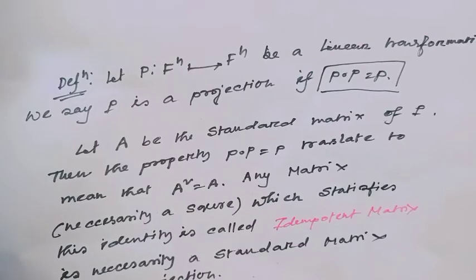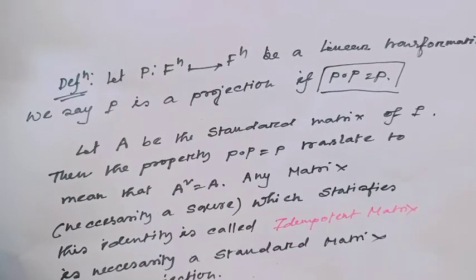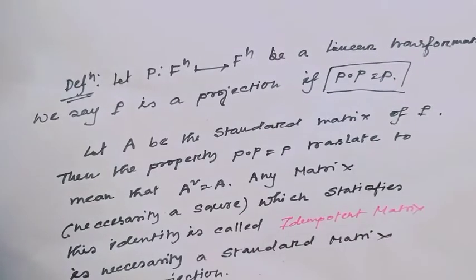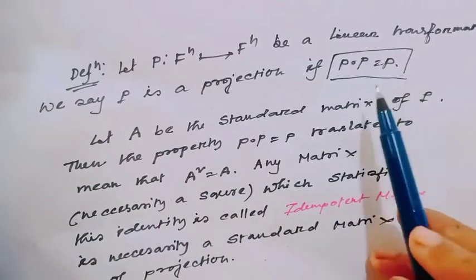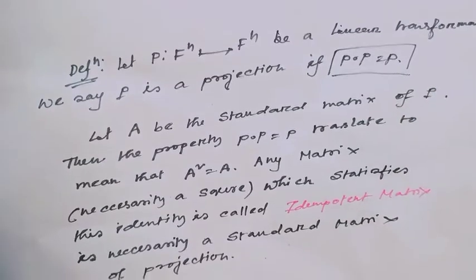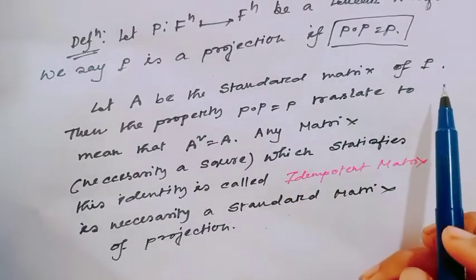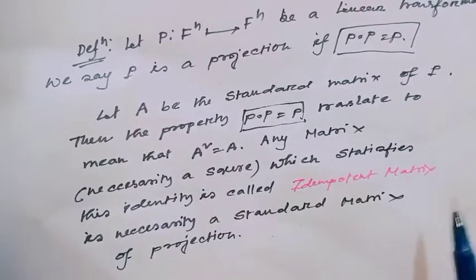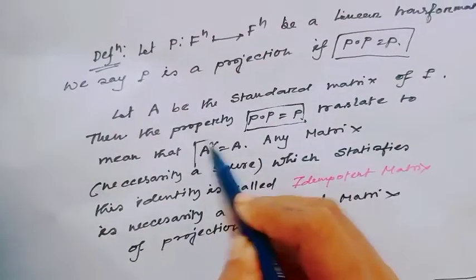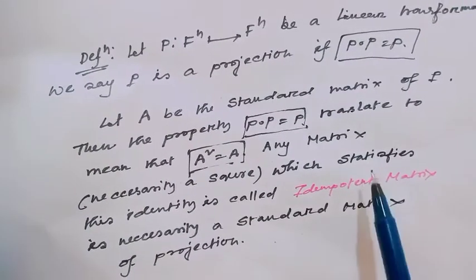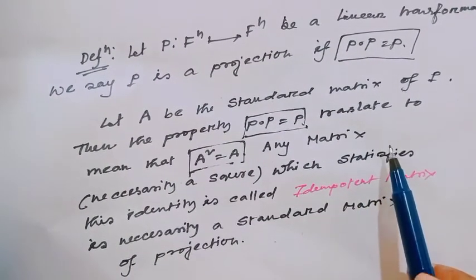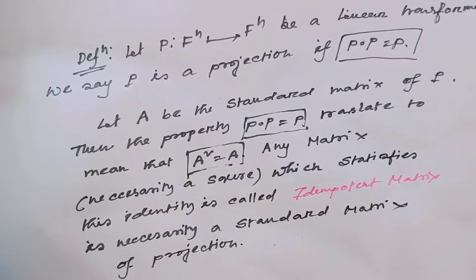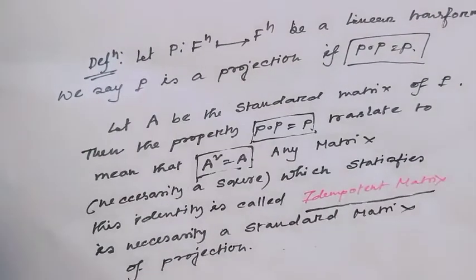The actual definition of a projection operator is: consider a linear transformation P from Fn to Fn, then we say that P is a projection if P composed with P equal to P. And consider A be the standard matrix of P, then the property P compose P equal to P translates to A square equal to A. Then any matrix whose square is itself, that means it satisfies this equation, is actually called an idempotent matrix.